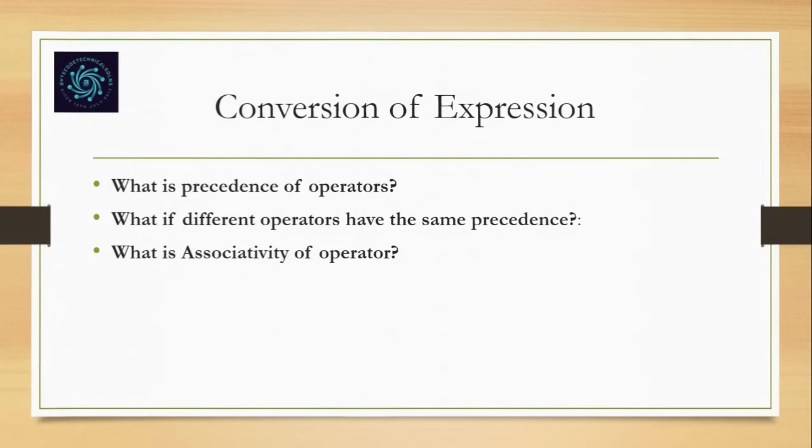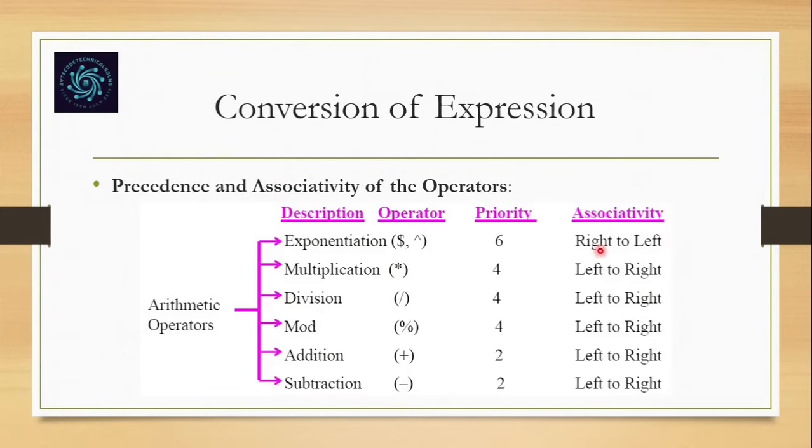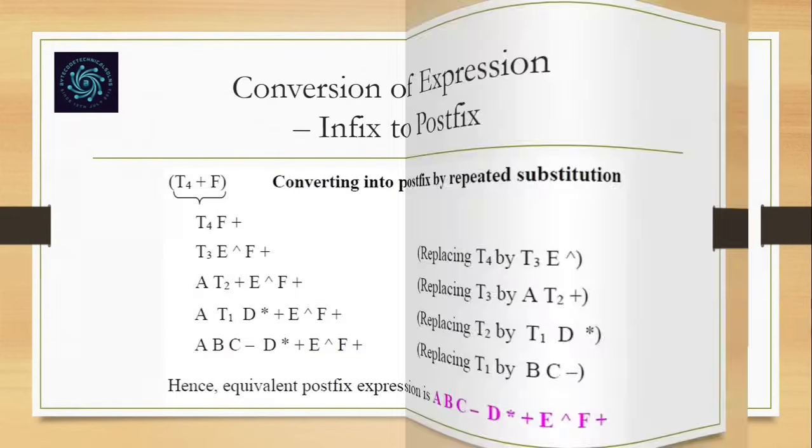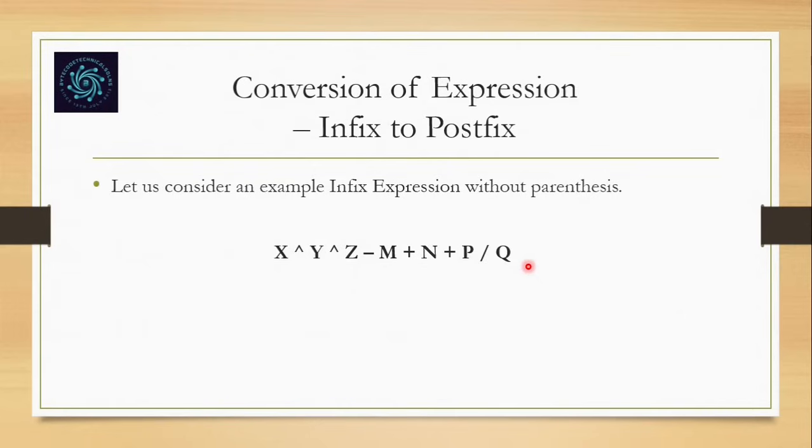In the table we can see that the associativity for the dollar symbol is right to left. We will start from the right side and then go to the left side. In this example it is to be conducted from right to left.